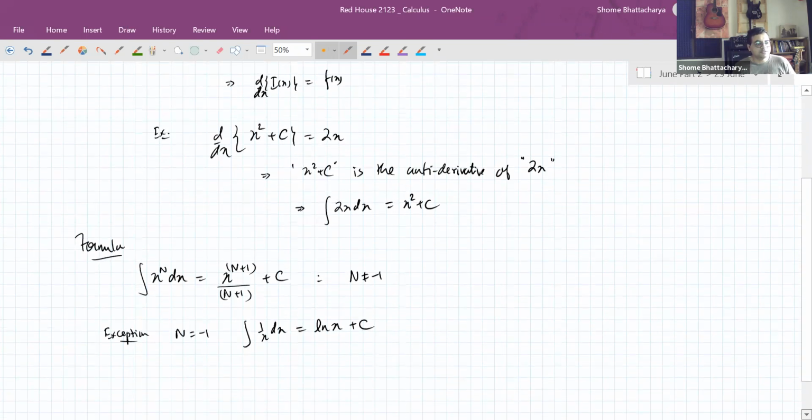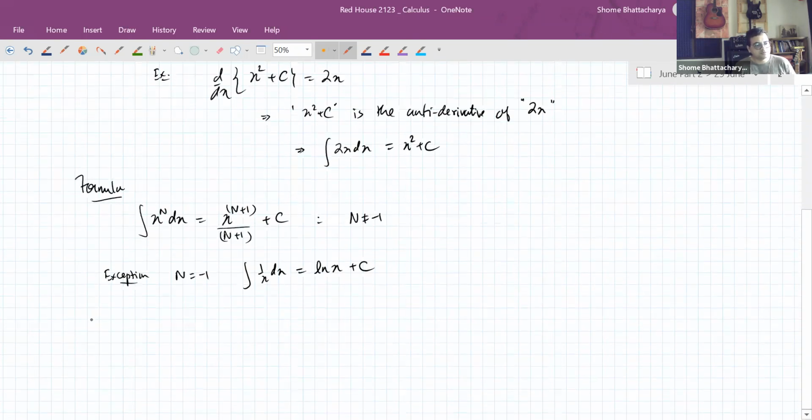Then we had seen the properties of integration. Integration of a constant is a linear term.